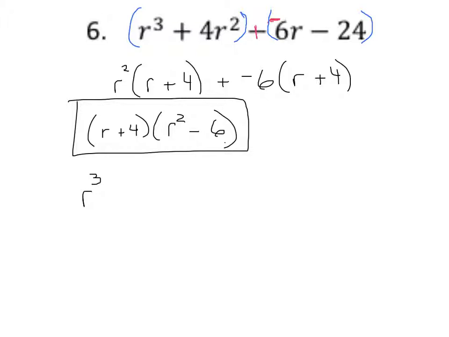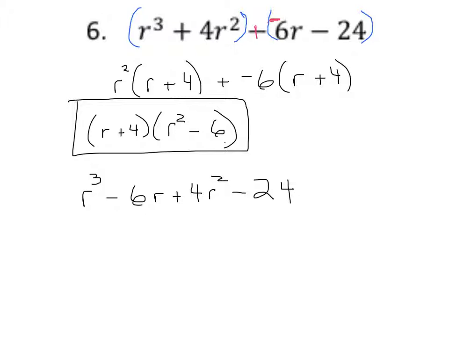Now let's check our work by foiling, and we have first is r times r squared, or r cubed. Outer is going to be minus 6r, inner is plus 4r squared, and multiplying the last together we get minus 24.